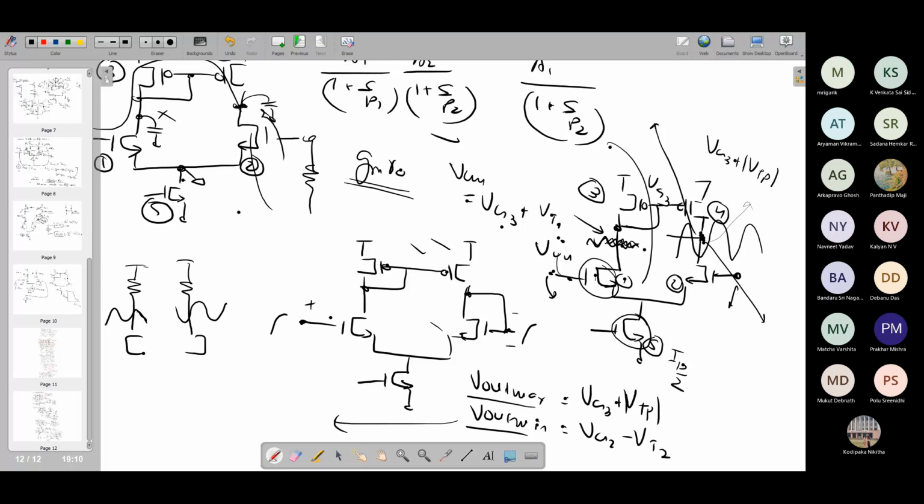So this is the V out max and V out min. Without troubling any transistor and making them enter into triode region or go out of saturation region, these are the maximum and minimum voltage levels that you can achieve at the output, which is the drain of M4 and M2. But if I say what is the maximum symmetric swing, how will you find it? Quickly.